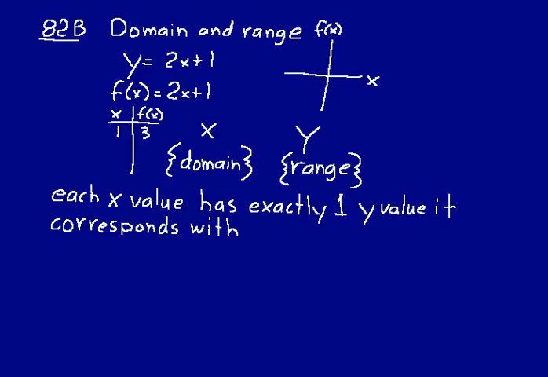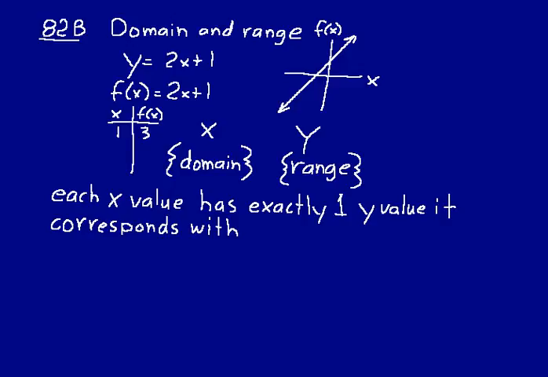So one thing that you're going to be doing here is you'll be given a function and they'll ask you to find the domain and the range, or just the domain or just the range for that particular function. Let's start with y equals 2x plus 1, and real roughly we'll graph it. It would probably go through this xy axis something like that. It's a line, so it continues on forever in both directions. And so its domain, the set of x values that you could put into that function and still make it a true function, well, just think about it.